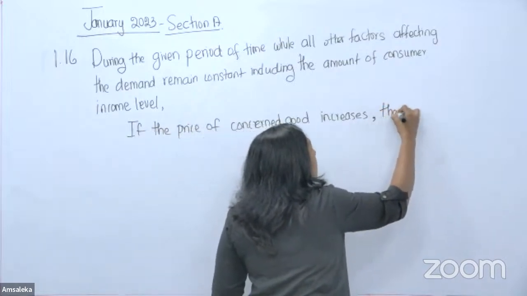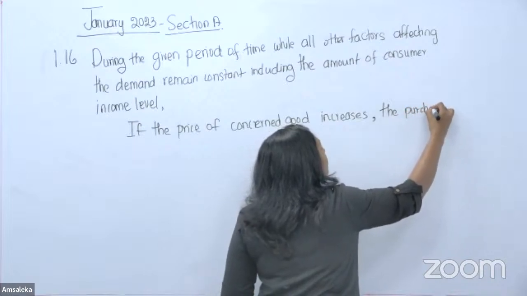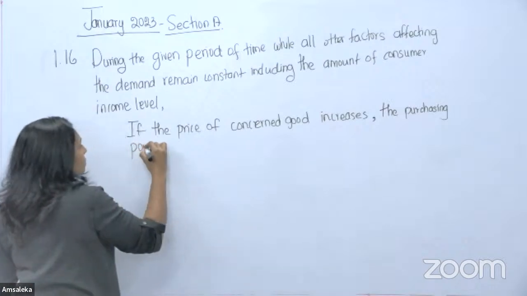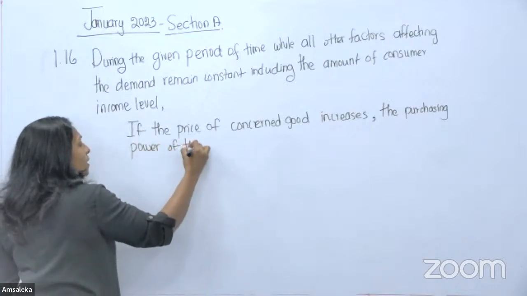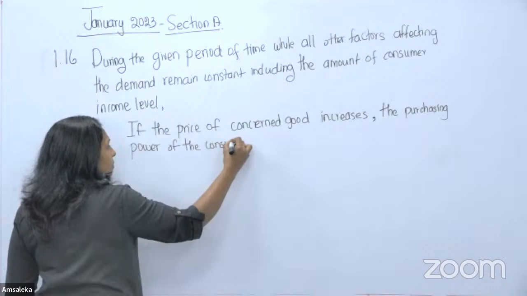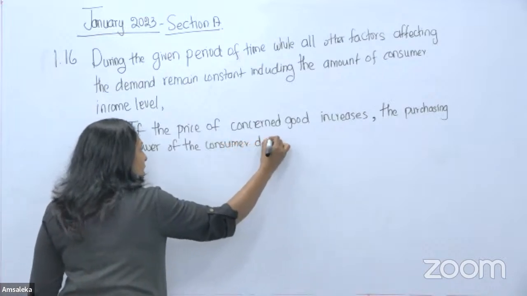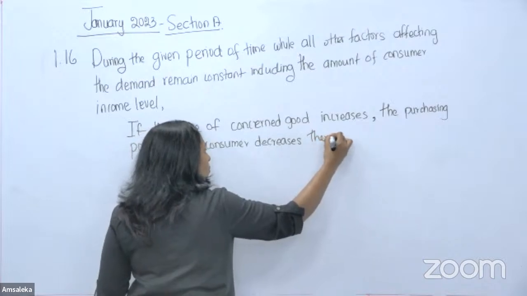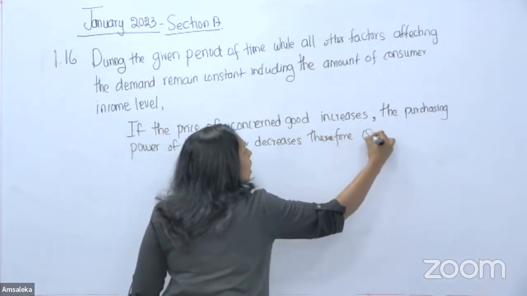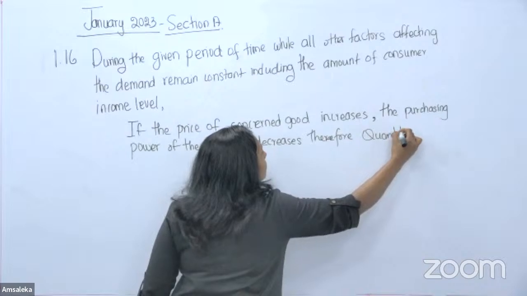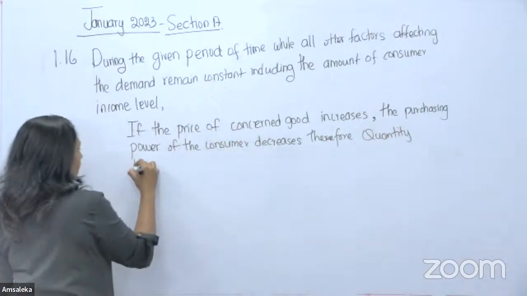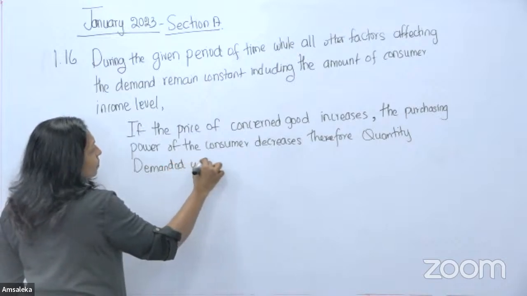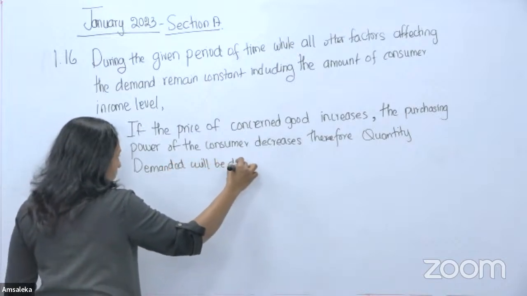Then the purchasing power of the consumer decreases. Therefore, quantity demanded will be decreased.